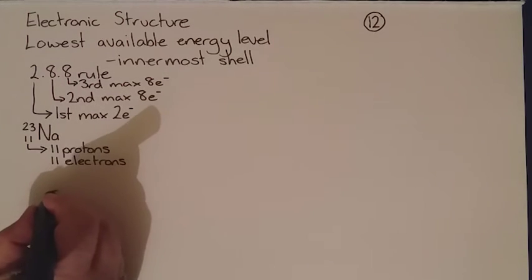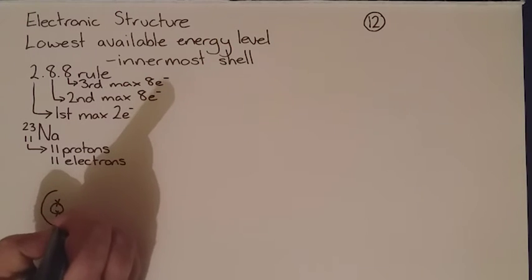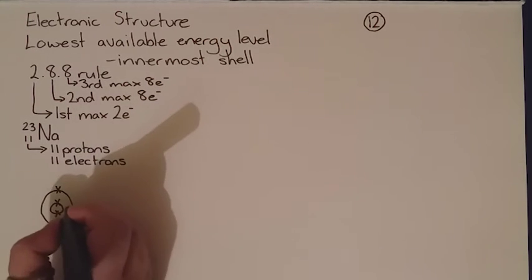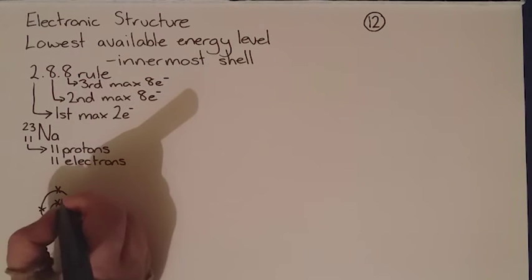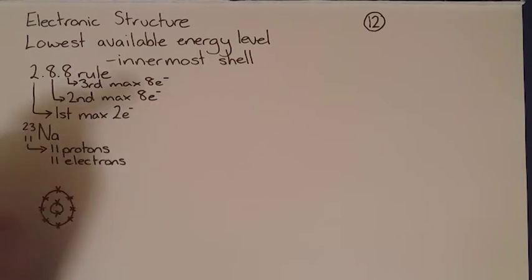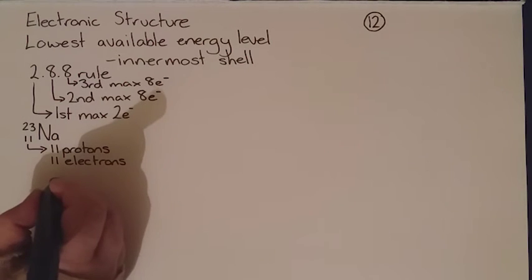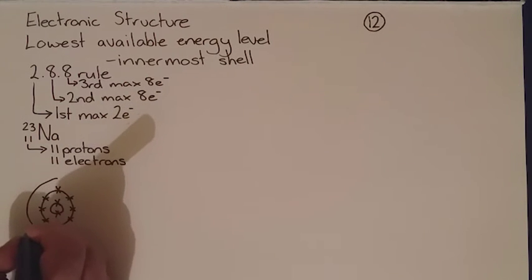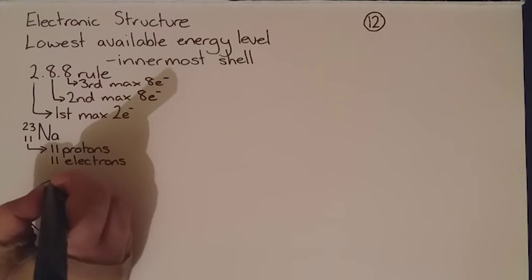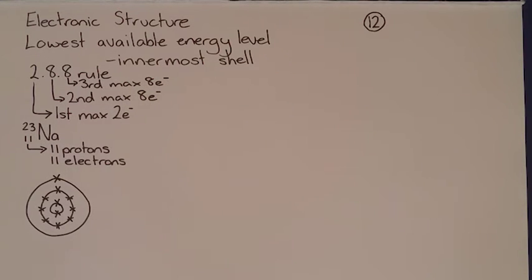So at that point, we'll move on to the next shell. We can totally fill that shell as well, because that holds 8. And 2 plus 8 makes 10. And then we'll put another shell on with just 1 electron, giving us a total of 11.